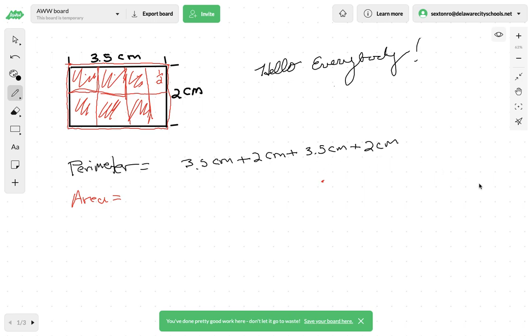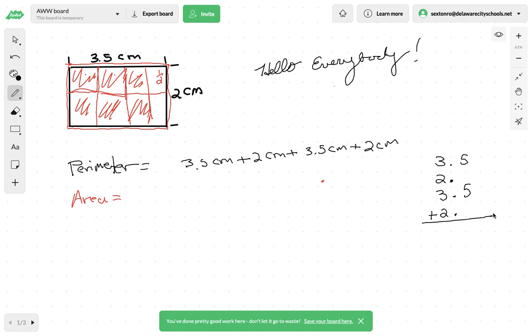Well, if I come over here on the side, 3.5 plus 2 wholes. When I'm adding, I have to line up my decimals. If I put the 2 there, then that's only 2/10, right? Plus 3.5 plus another 2 wholes. And that's my addition problem.